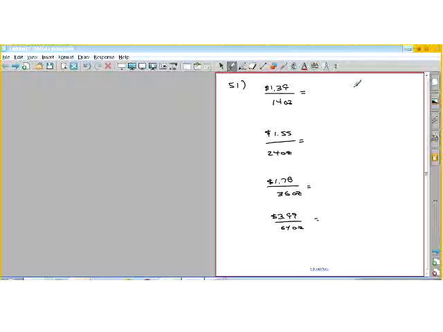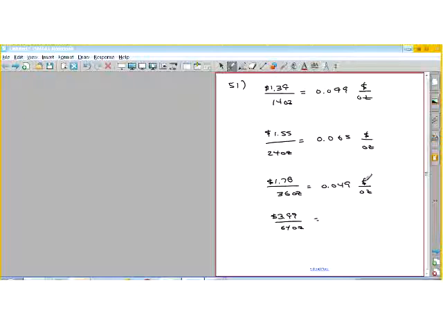1.39 divided by 14 is 0.099 dollars per ounce. 2.55 divided by 24 is 0.065 dollars per ounce. 1.78 divided by 36 is 0.049 dollars per ounce.